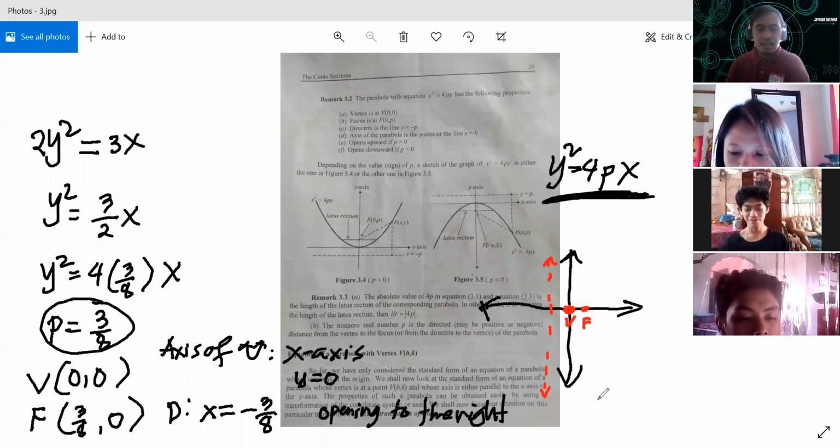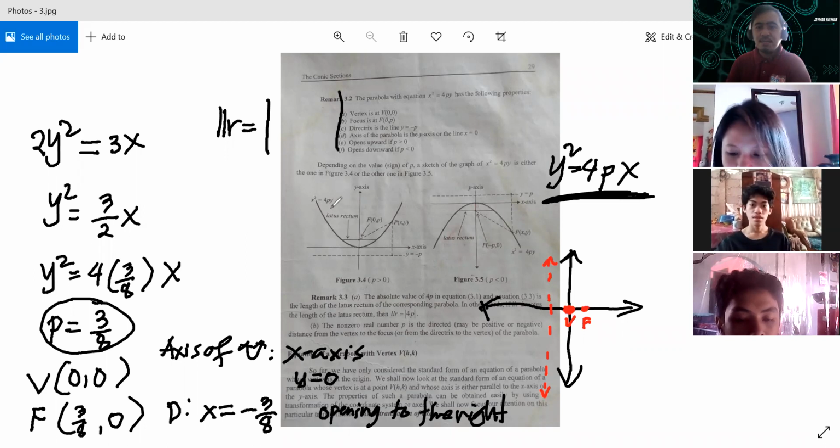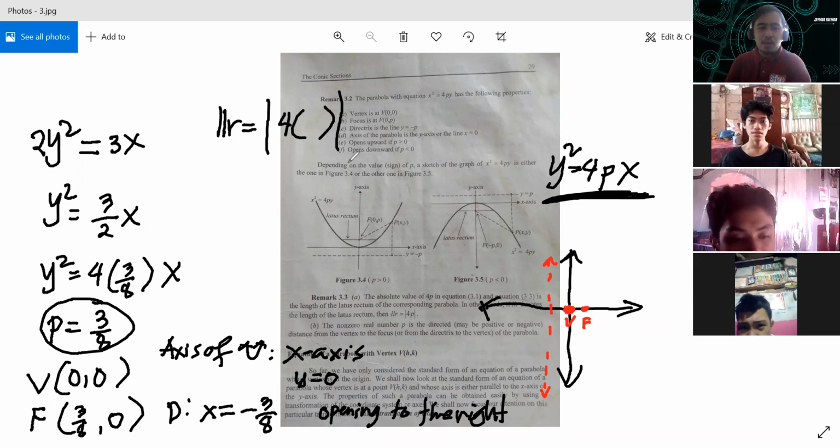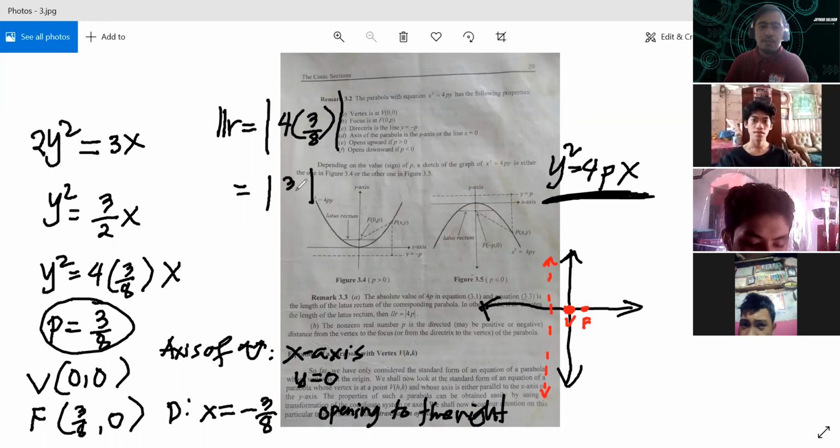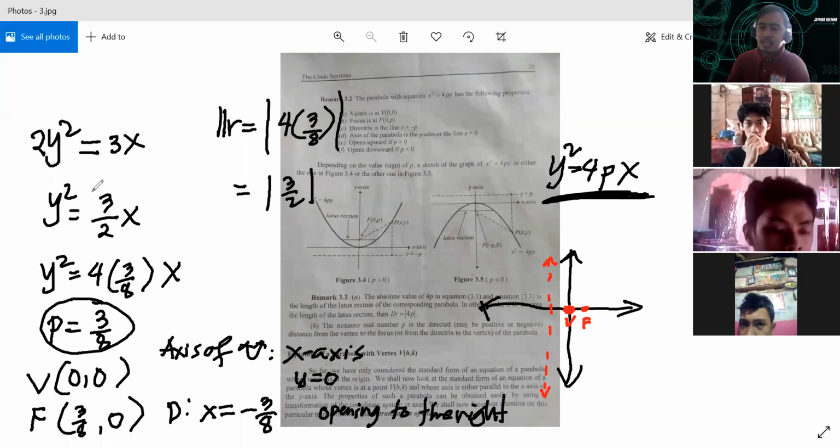And then, how about your length of latus rectum? The length of the latus rectum is the absolute value of 4p. What is your p again? 3 over 8. Actually, class, the length of the latus rectum is the absolute value of the number beside x.